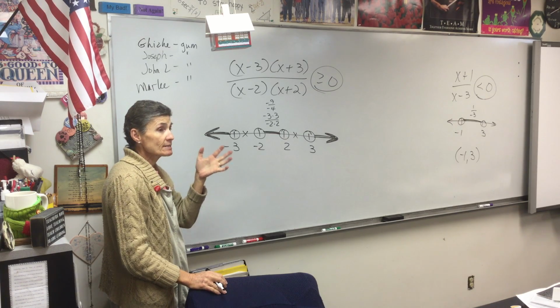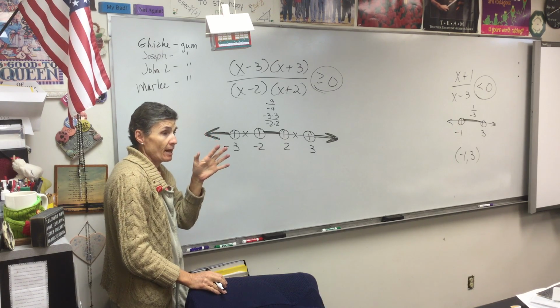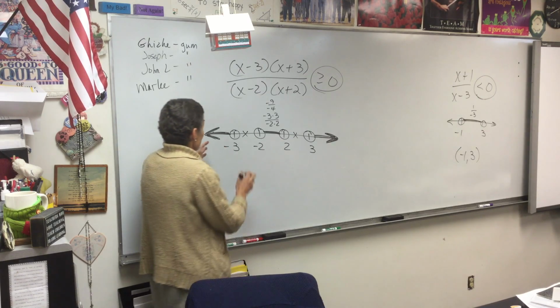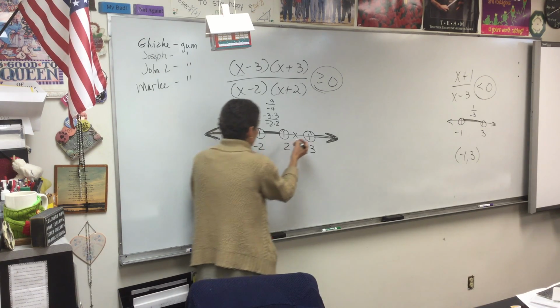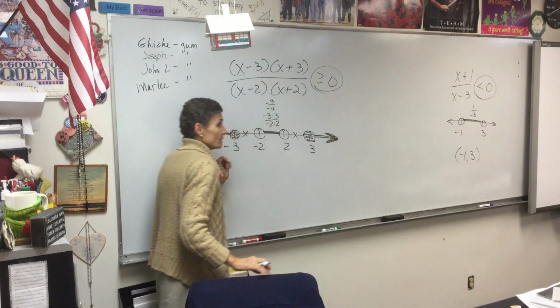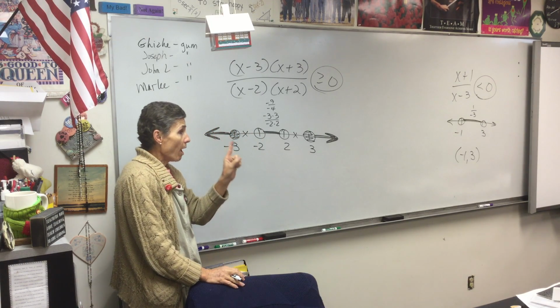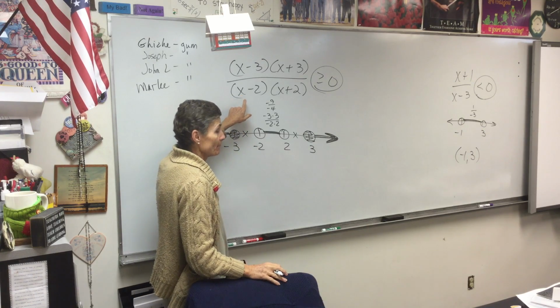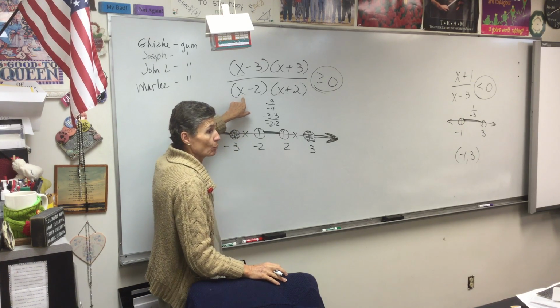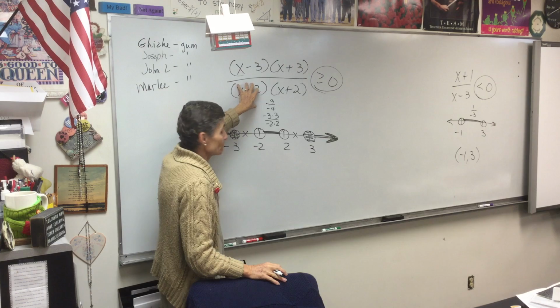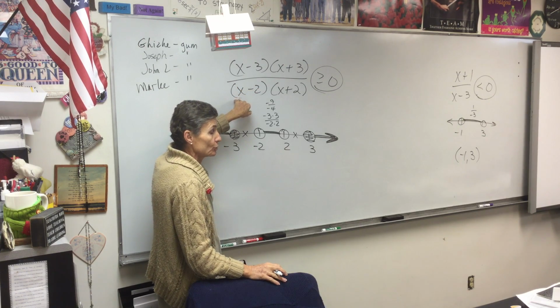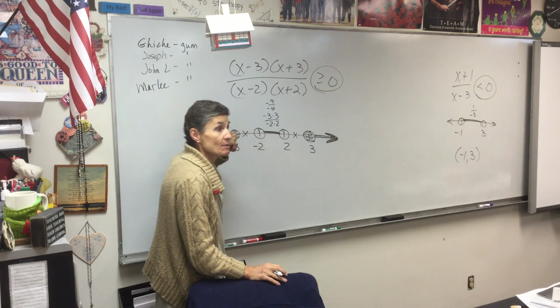Now here is the trickiest of the tricky stuff. The 3's are actually colored in. The 2's are not. Why? Because what happens if I let x equal 2? What would happen right here if I let x equal 2? I get 0.